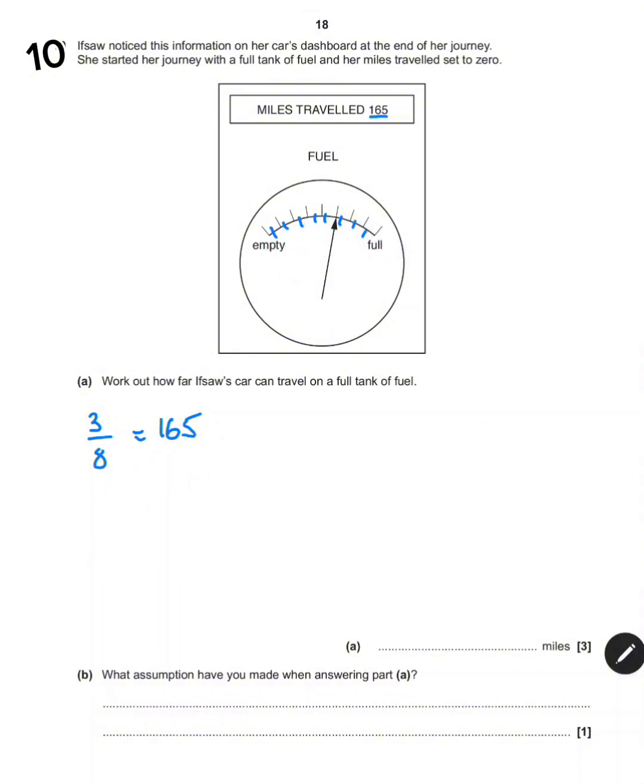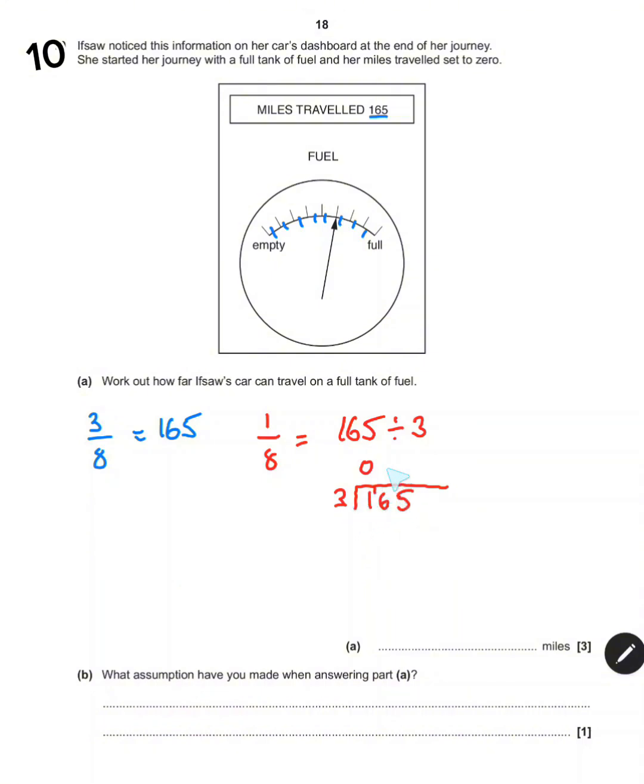Well, if 3/8 is 165 miles, then 1/8 must be 165 divided by 3. So I'm going to work that out now. How many 3's go into 165? 3's into 1 is 0. 3's into 16.